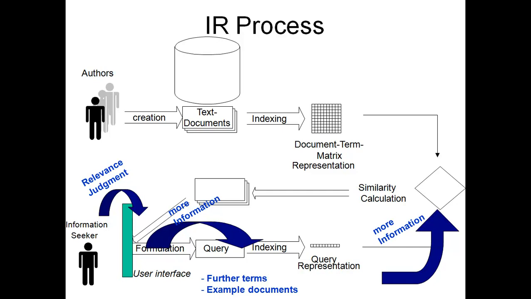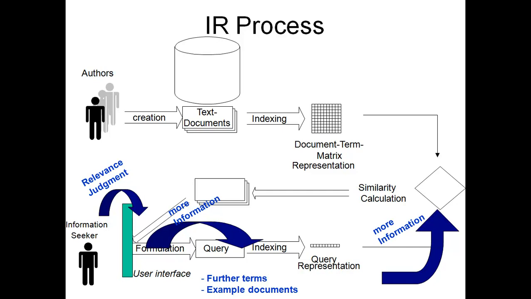Here is the relevance feedback process in our well-known graph, well-known overview. We get results in our interface, we do relevance judgments, and this gives the system more information. In addition to the query, we now know these 2 documents are also typical, and of course, what will we extract?